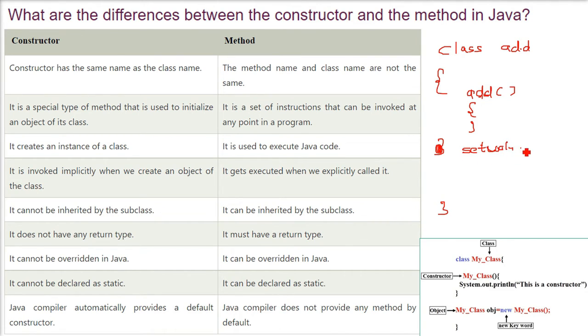But a method is like, you want to make a set value function. This has no link with a constructor. This is just a function which is going to work on the variables you have defined. This is what you want your class to be performing. The constructor is a special type of method which is used to initialize an object of its class.